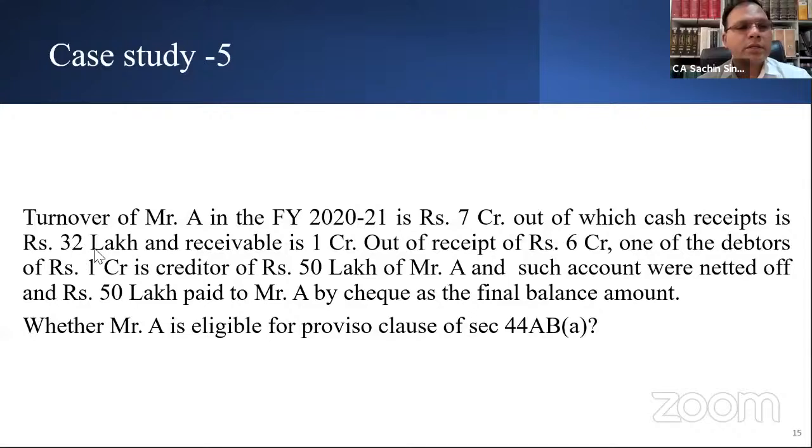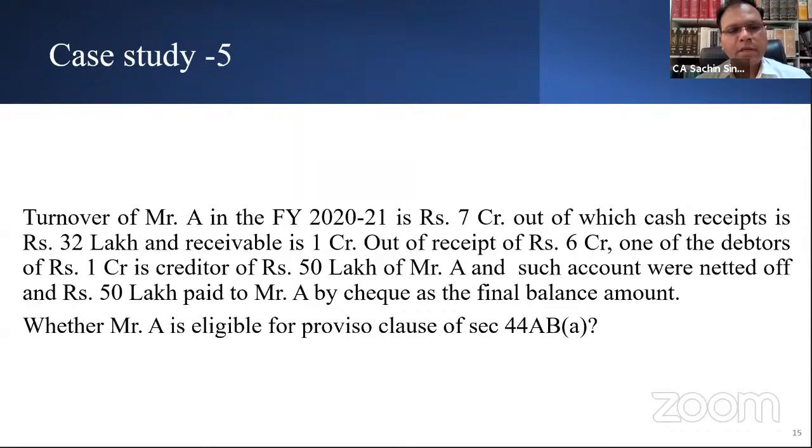So since it is exceeding 30 lakhs, we can say that he is out of proviso clause. But in that year, what happened? Out of this 1 crore, one debtor was my creditor as well of rupees 50 lakh. So he paid me 50 lakh and said your account is settled, because I was also supposed to pay him.